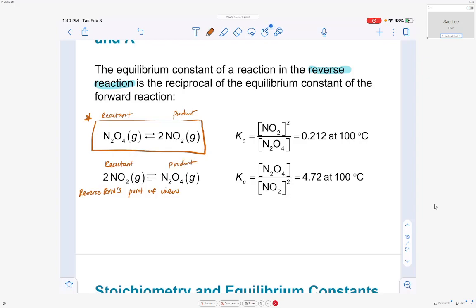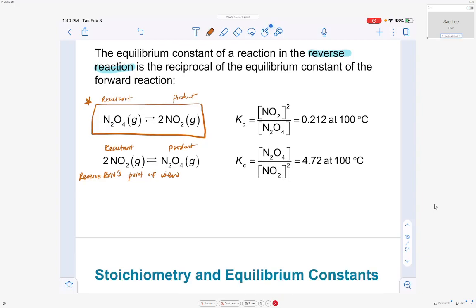So what happens to the Kc is that the Kc for the reverse reaction would be the concentration of N2O4 at equilibrium divided by the concentration of NO2 raised to the power equal to the coefficient of the reactant. So the Kc for the reverse reaction is basically the reciprocal of the Kc for the forward reaction.